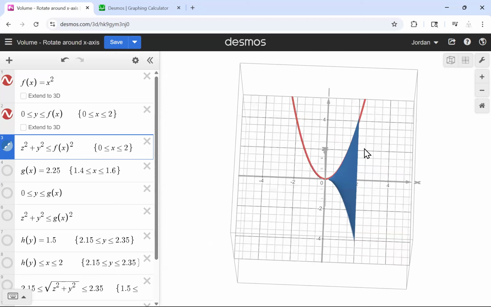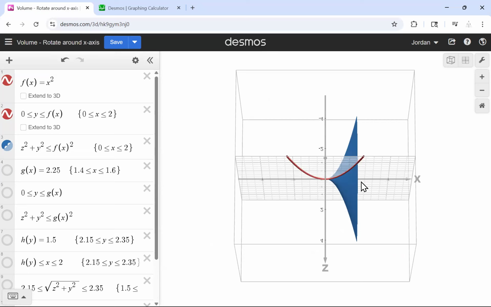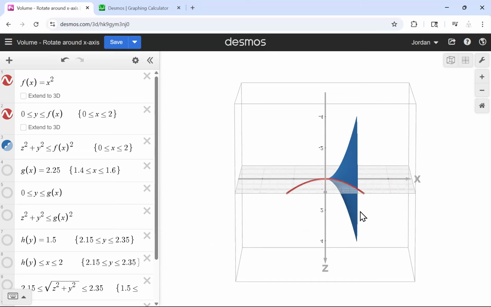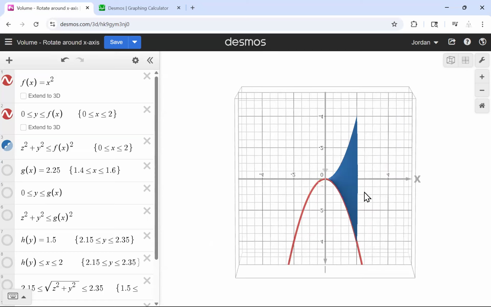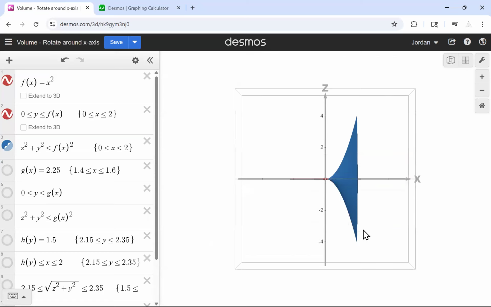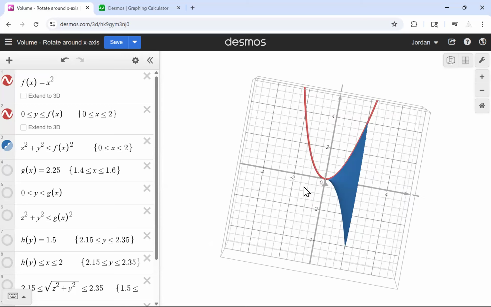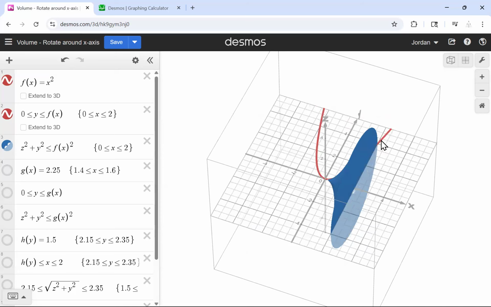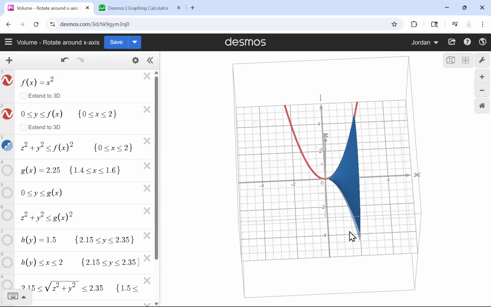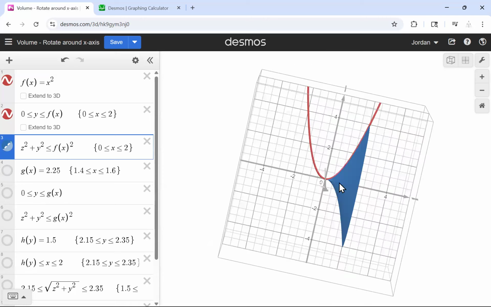But as you can see, as I pull it around in 3 dimensions, it's a solid three-dimensional shape. And I want to find the volume of that. So I want to find the volume of this shape here. So that's the problem that we're looking at.